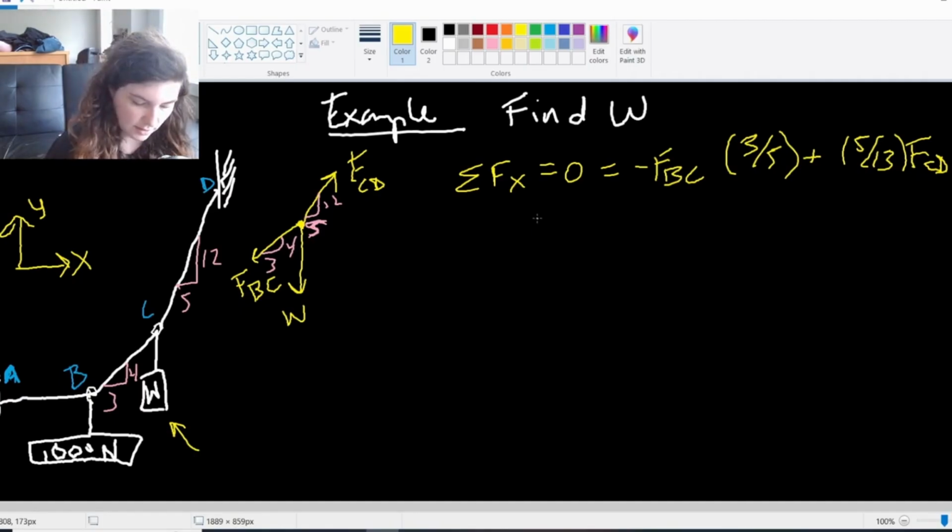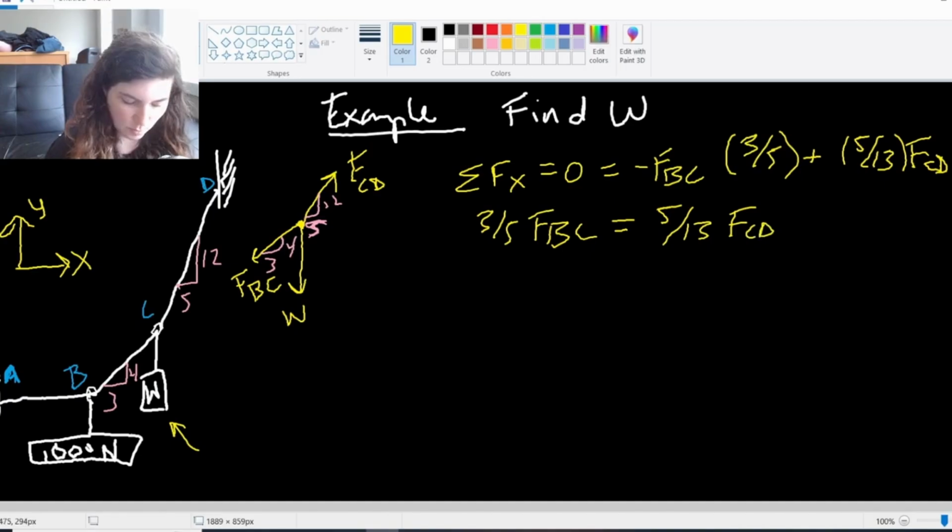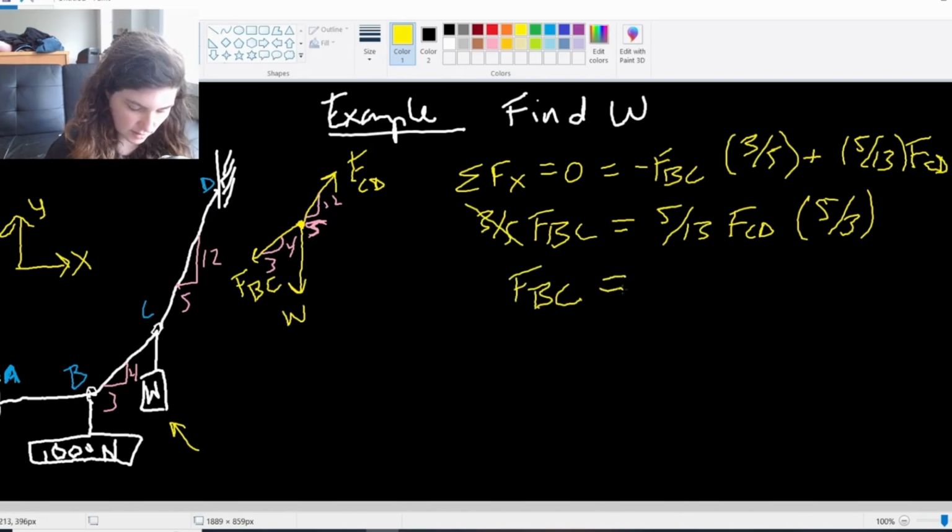So I can say 3/5 FBC equals 5/13 FCD. And if I multiply this side by 5/3 to cancel this out, I will get FBC equals 25/39 FCD.